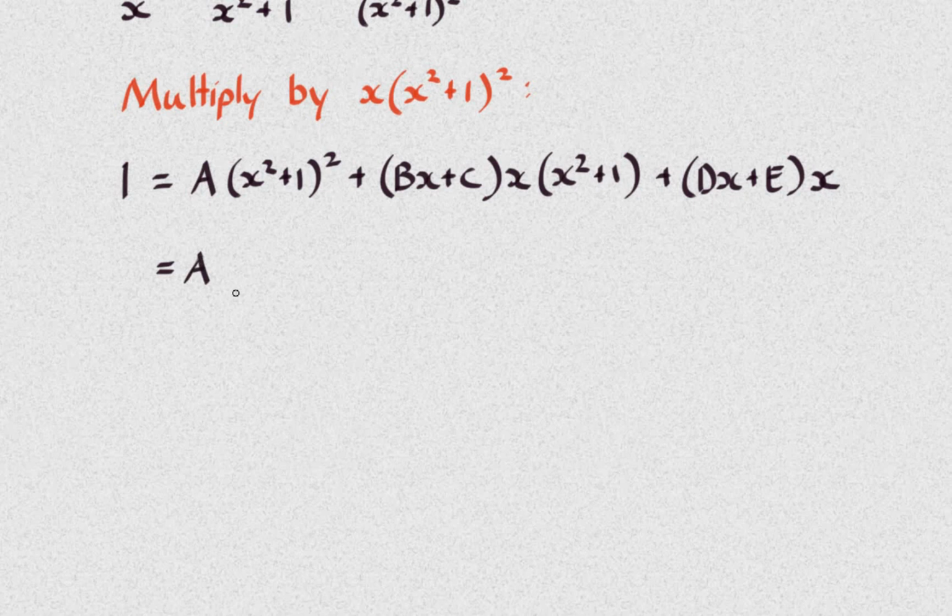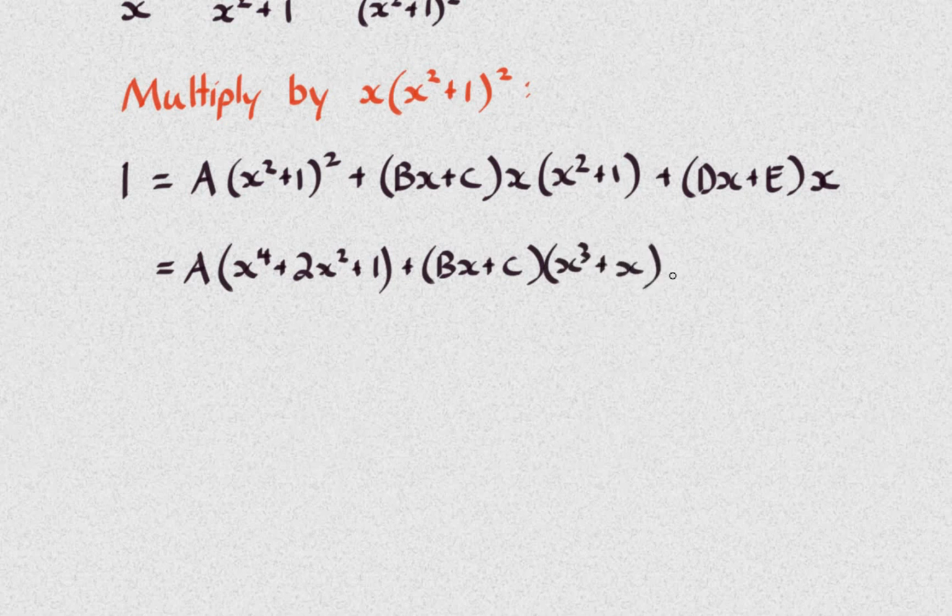We have a outside of, and we need to expand this, and it's a perfect square. So we have x to the 4 plus 2 lots of x squared plus 1. And then over here, let's start by first just expanding the x with the x squared plus 1. So x cubed plus x. And then this last one, we can distribute the x. So we get dx squared plus ex.